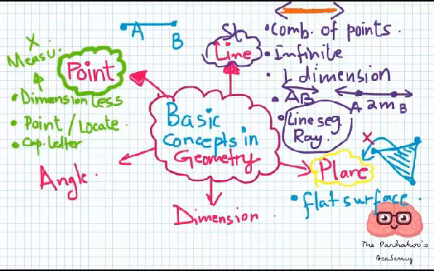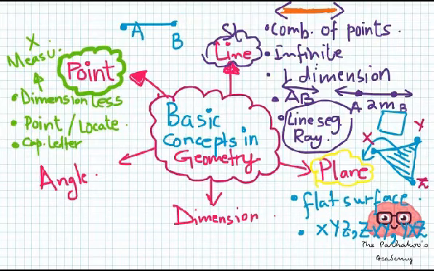A plane can be named by using three letters. So it would be plane XYZ or ZXY, or you can name it YXZ. It doesn't matter, the order doesn't matter. So this is a flat surface, and at least 3 points are required.